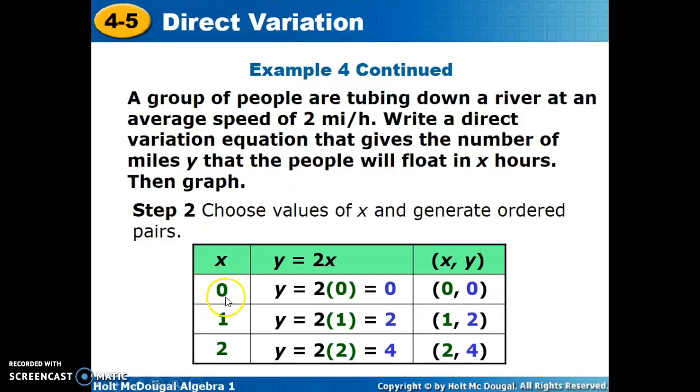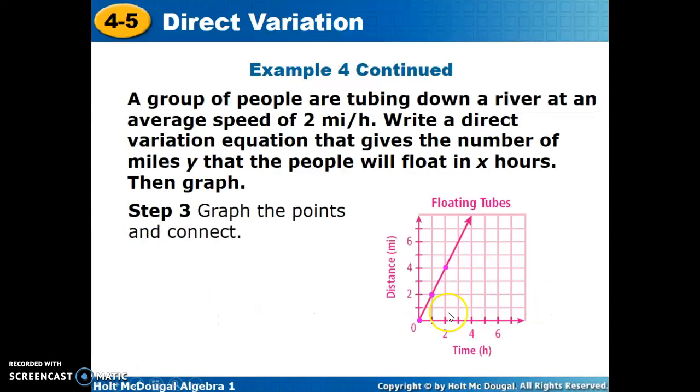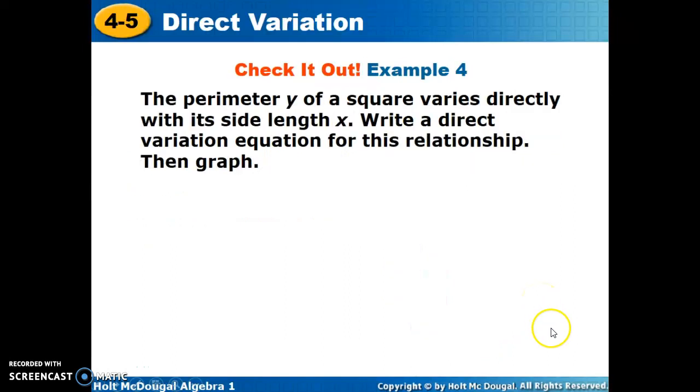And we see at x hours, our distance is 0. At 1 hour, we are 2 miles down the river. And we're going to graph that. Notice it passes through the origin and the other values are good. Please go ahead and check it out, example 4, and come back and check your answer.